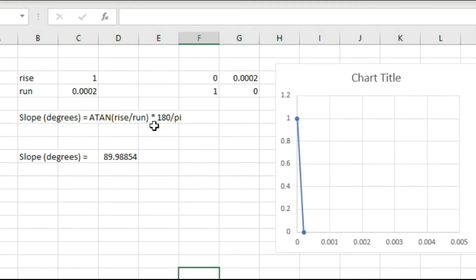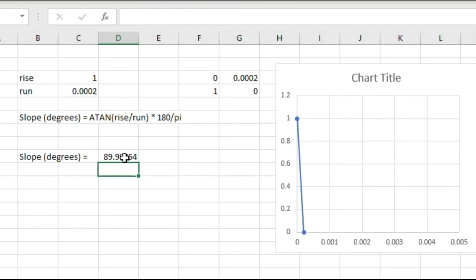So the conversion of radians to degrees is 180 divided by pi, or just a conversion factor. And so here is our equation, arctan 1 divided by 0.0002, and then here's our conversion factor. And so our degrees with this rise over run is almost 90 degrees. It's almost vertical. And of course that makes sense.